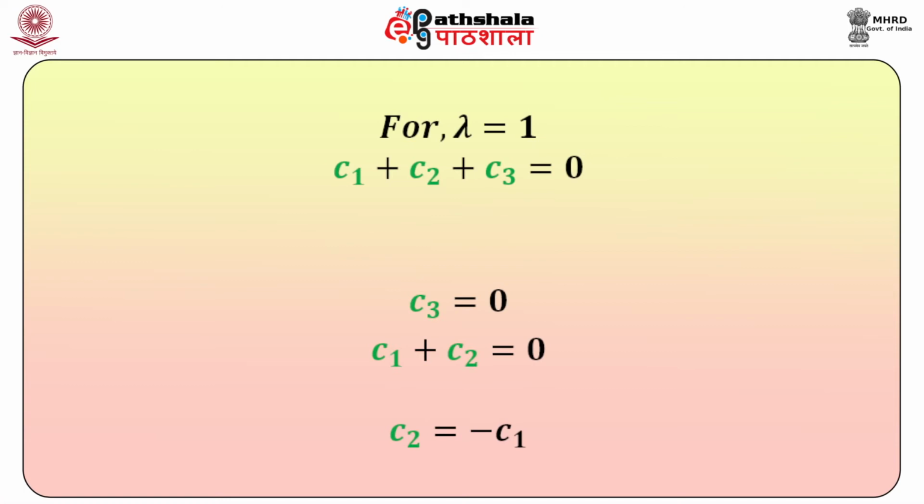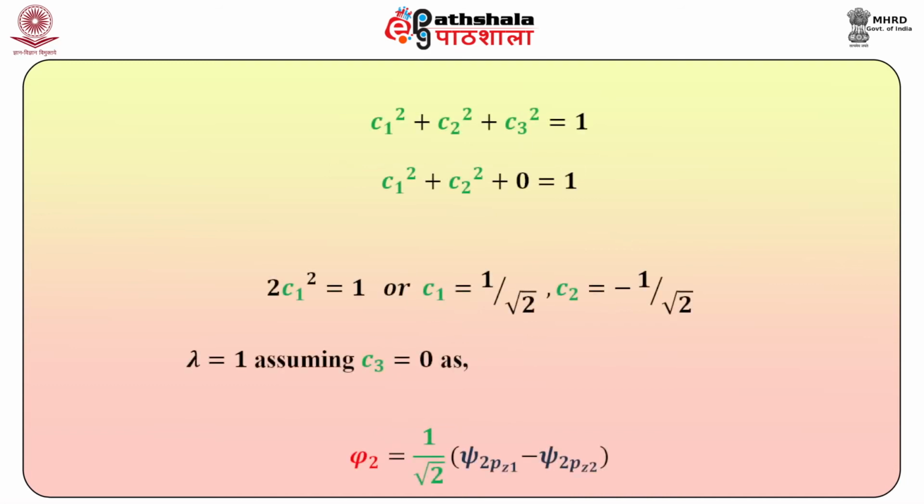Similarly, we can also calculate the wave functions for the lambda is equal to 1 value. So for lambda equal to 1, as you can see, our detailed calculations show that C1 is equal to 1 upon under root 2 and the corresponding value of C2 is equal to minus 1 upon under root 2.